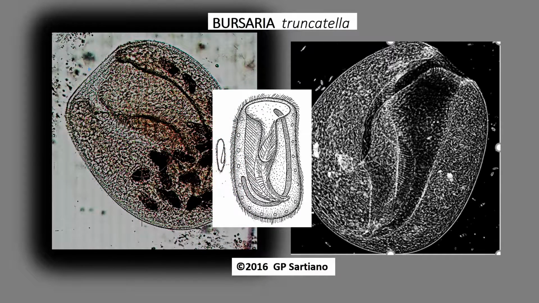The anterior truncated end of the organism presents a large, round mouth, which is the peristomal entrance.